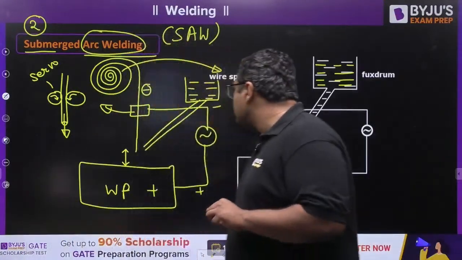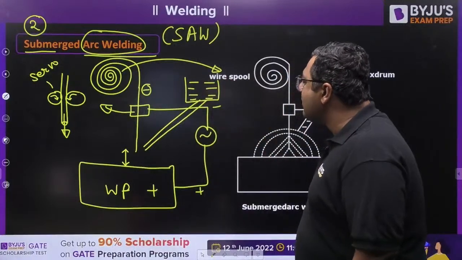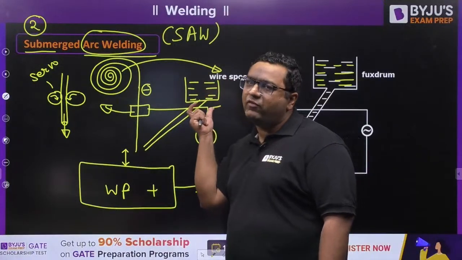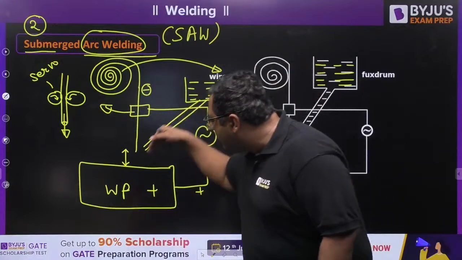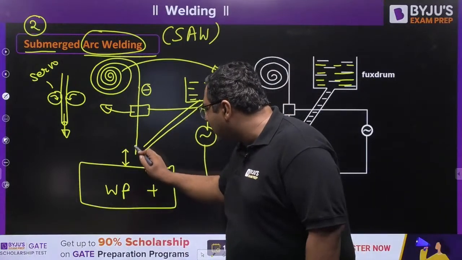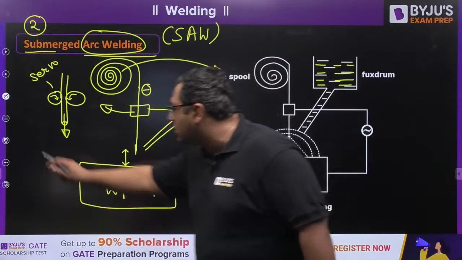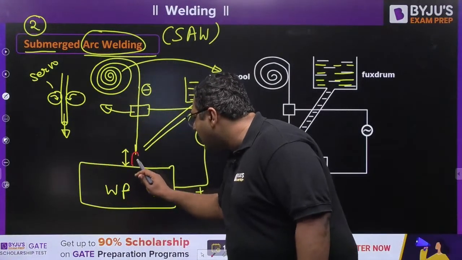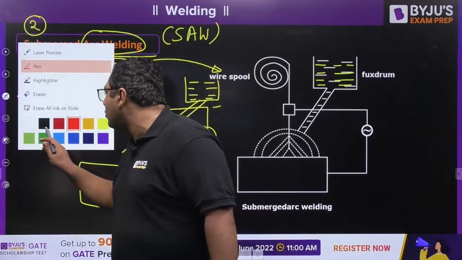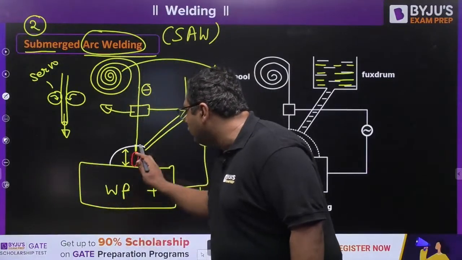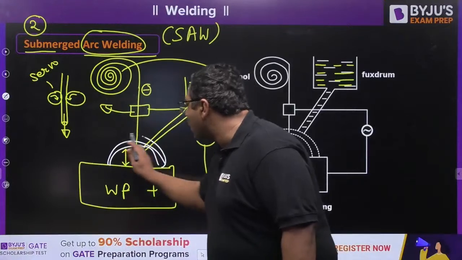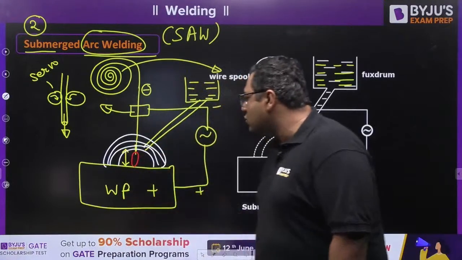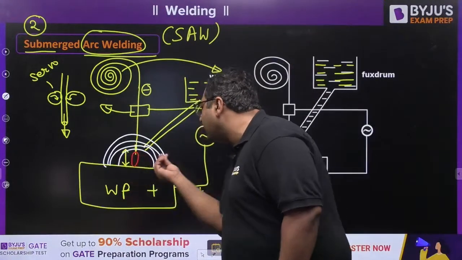Now we are using the molten flux, and molten flux means it is present in the form of liquid. So when molten flux comes, this wire will be producing the arc. That arc will be present in the pool of flux. So molten flux would be surrounding this spark, and because of that, this spark will not go here or there.